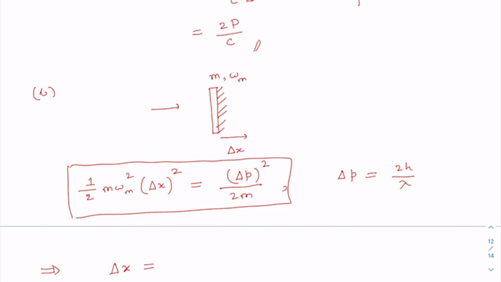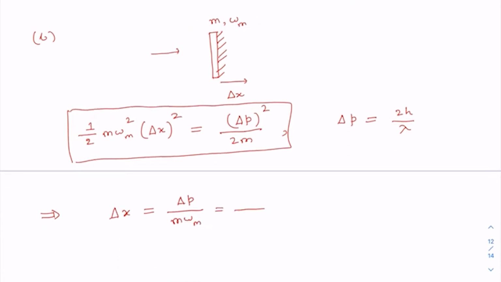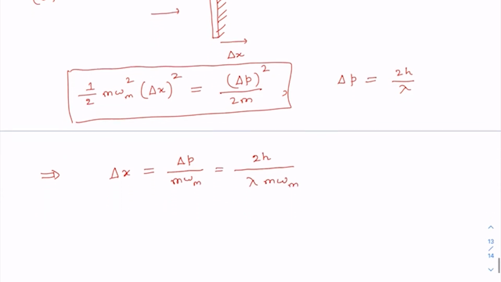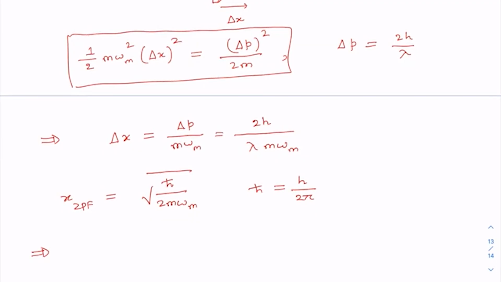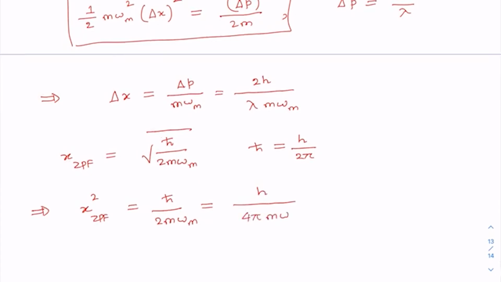From this equation we can find out what is delta x. Delta x would be equal to delta p divided by m omega m, which I can now write, putting the value of delta p, as 2h divided by lambda m omega m. Also we know that the zero-point fluctuation is given by h cross divided by twice m omega m, where h cross is the reduced Planck constant, it is h by 2 pi, and from this expression the square of this zero-point fluctuation term would be equal to h cross by twice m omega m, or I can write it as h divided by 4 pi m omega m.